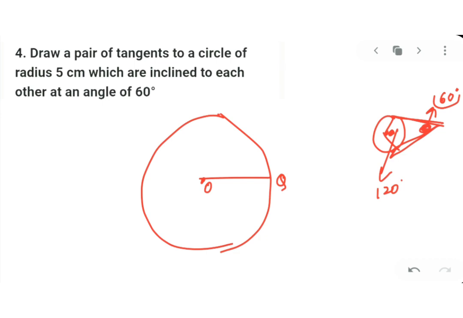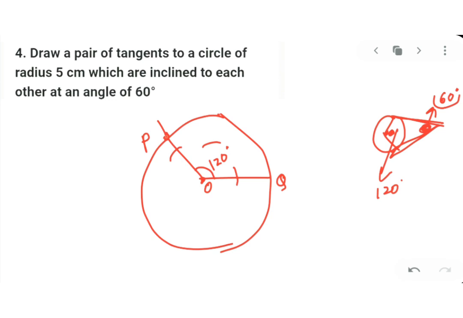I will make an angle of 120. With your compass you can make it. Do you know how to make it? Yes, you can make 120 here. This is the central angle. Mark this as point P. Got my point clear?